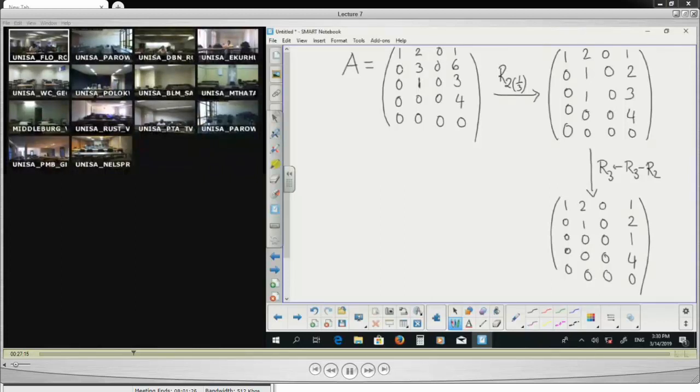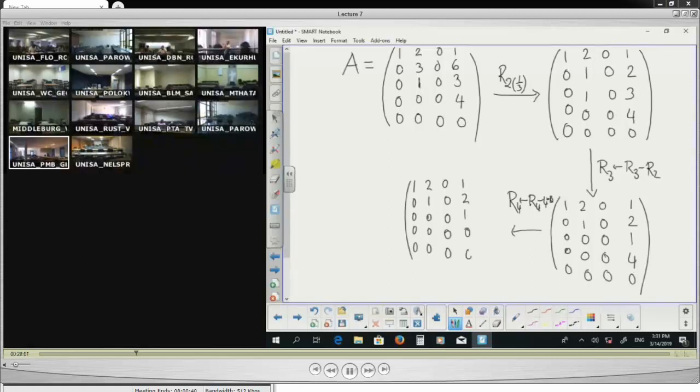No. So what is the problem? So you have to again... this is the final echelon form, but it is not completely row reduced, it is just echelon.